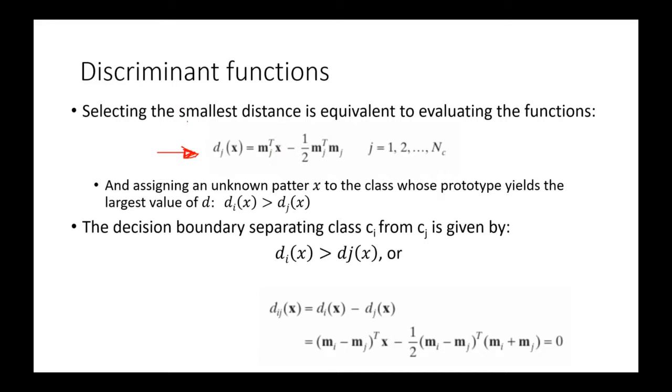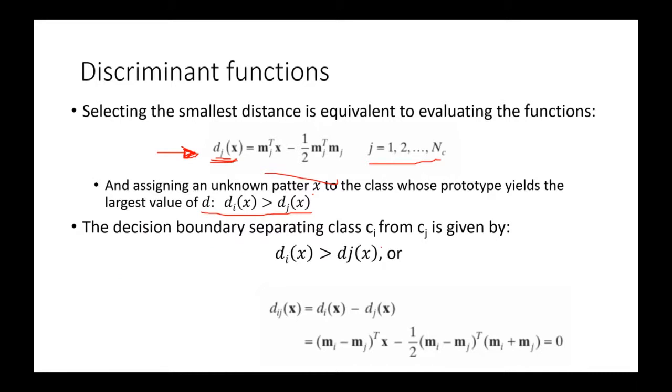So selecting the smallest distance is equivalent to evaluating these functions for all classes, and assigning an unknown pattern X to the class whose prototype yields the largest value of D.